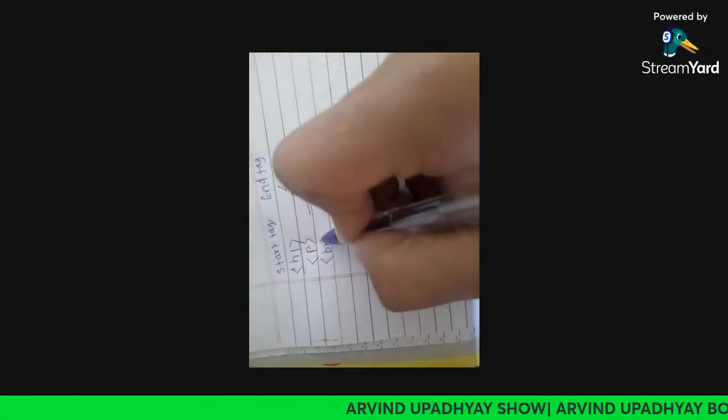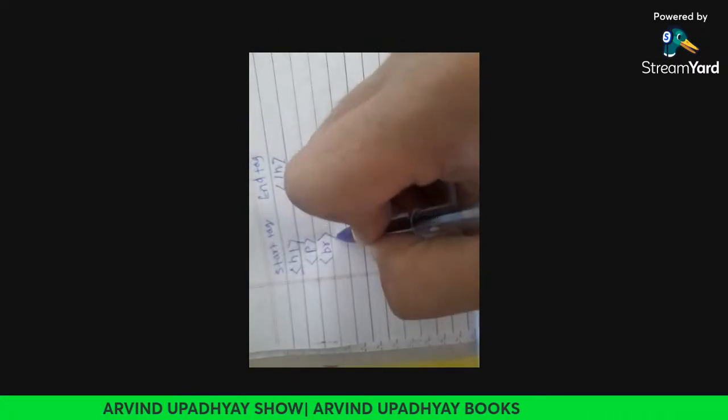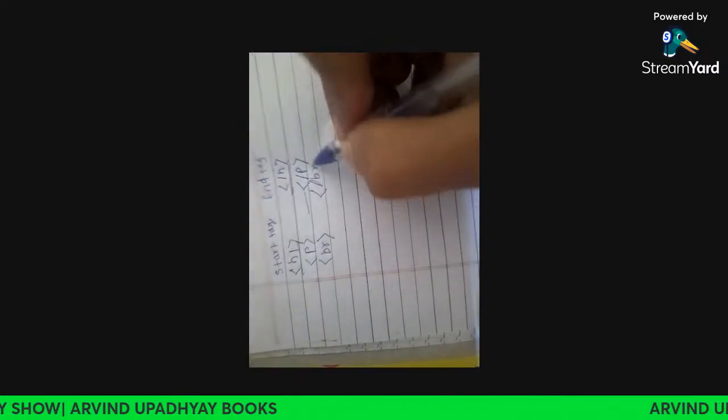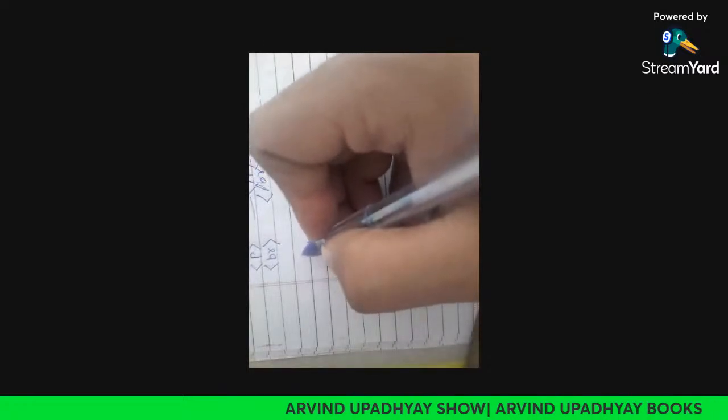And then the br tag, this one is a starting tag br, and in the end you write br. For example, you want to write your title in italic format.